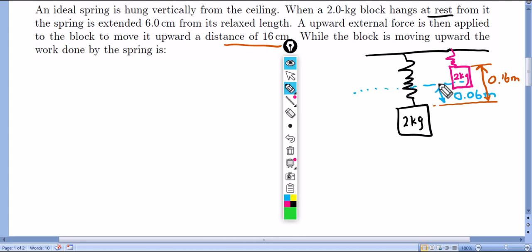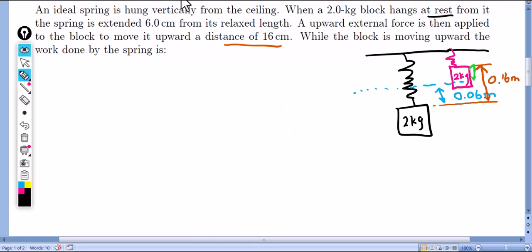It's how far we've traveled from where we started. That's a technical definition of displacement. So this 0.16 is actually a distance, and what we really would need is a displacement from the equilibrium point to this point right here. Okay? Some technicality. So that's just a visual representation.